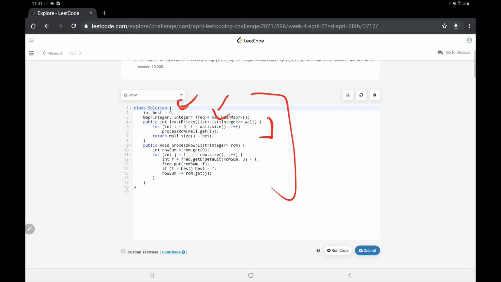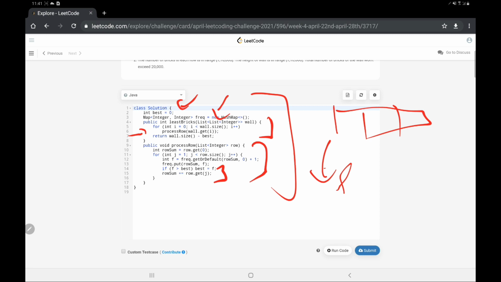And this is the function that is given to us, and this is the helper function. Basically we are passing one row to this function, and it calculates the frequencies of the edges and stores the values in the map. Then we get the maximum, and since the best is the answer, it is kept in the global variable and updated likewise. At the end we just subtract it.